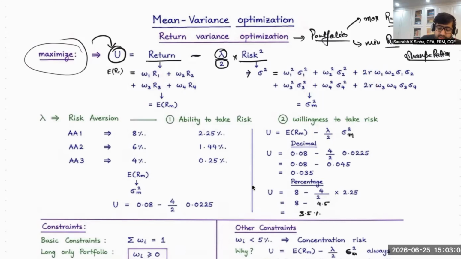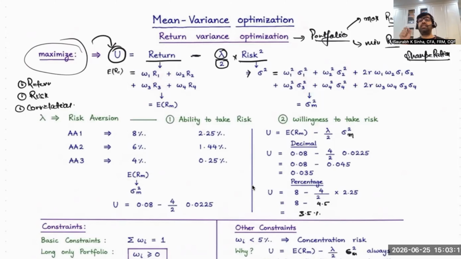But you're not aware of what should be the weight given to each individual asset in the portfolio, and that is what you're trying to find out with this maximization of the utility function. So what you will do, you will take different weights. Say you start with weights like 0.02, 0.03, 0.04, 0.05, whatever, and you put those weights into this equation.